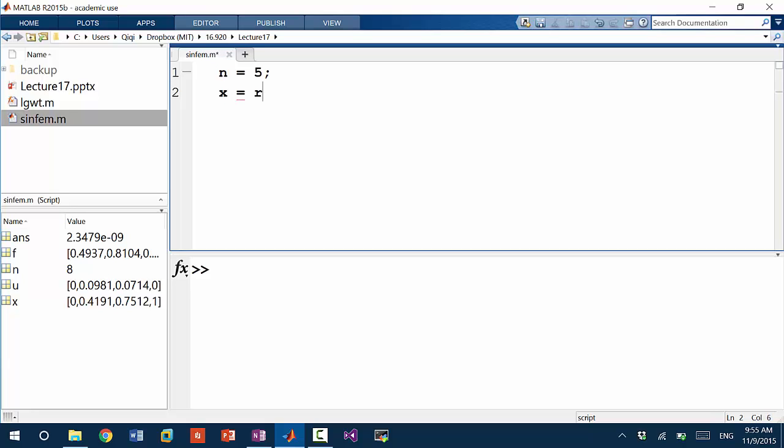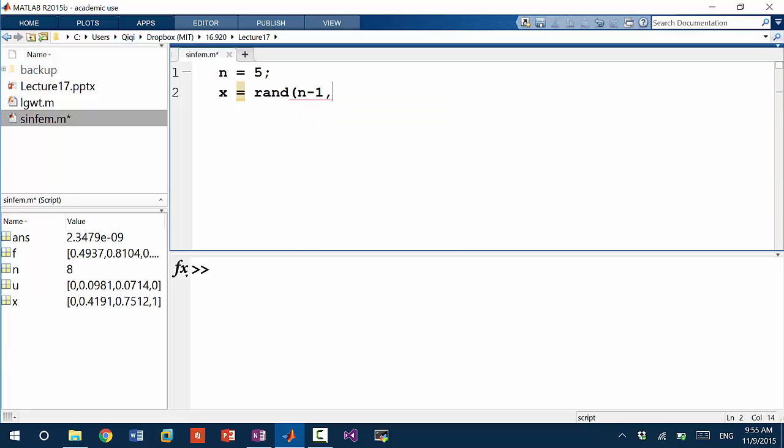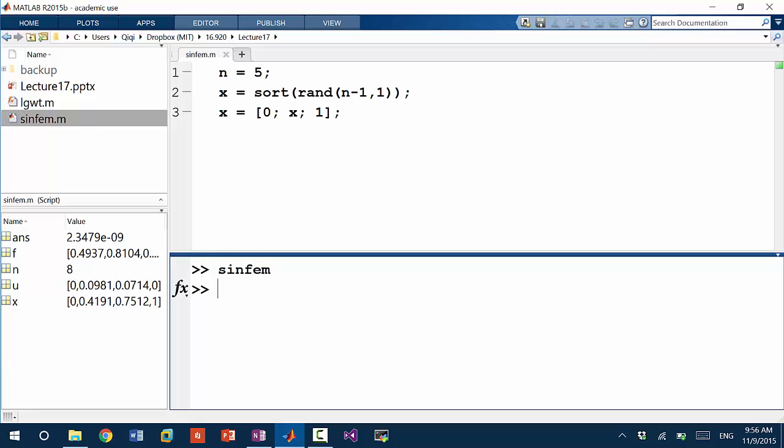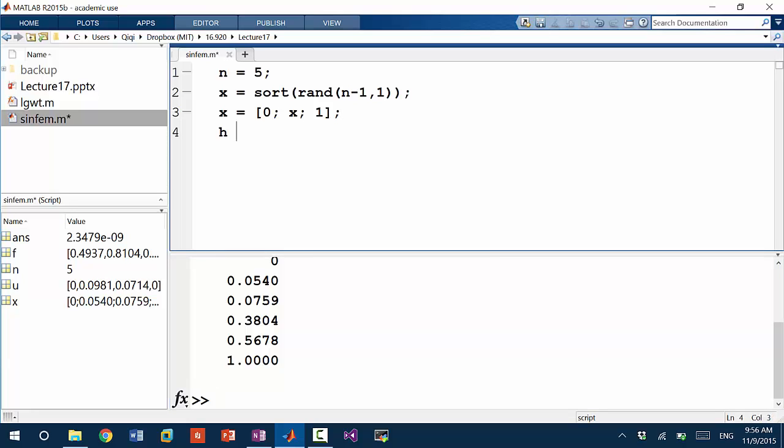So x would be a rand of n minus 1, 1, and I'm going to sort this. Okay, and x is equal to 0, x, 1. So let's evaluate x, I get a bunch of randomized x's. That's good.